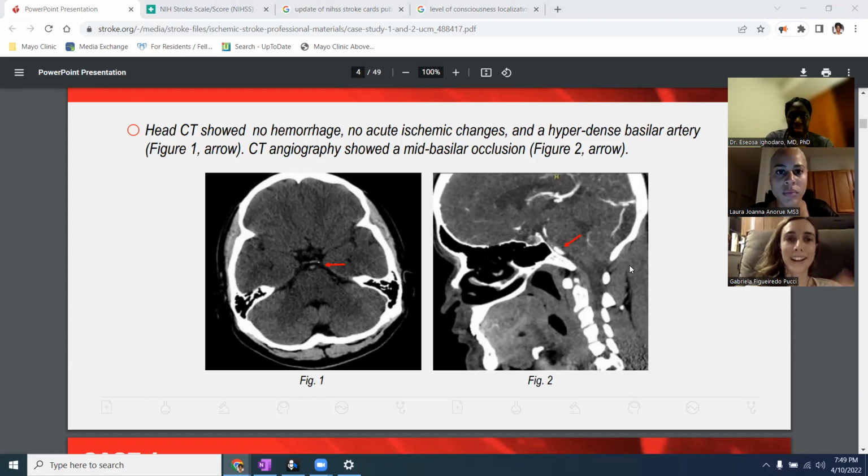So we would do the CT and CTA together, and then come back to the emergency department and do the TPA. But I think it would be better, if possible, to do it right after the CT scan, right? The faster, the better.